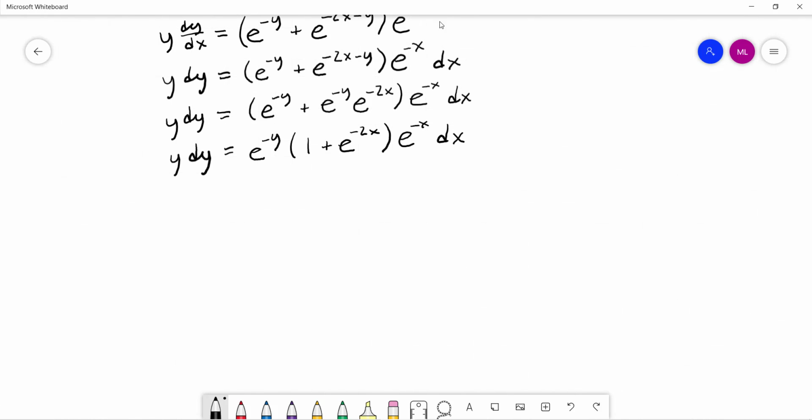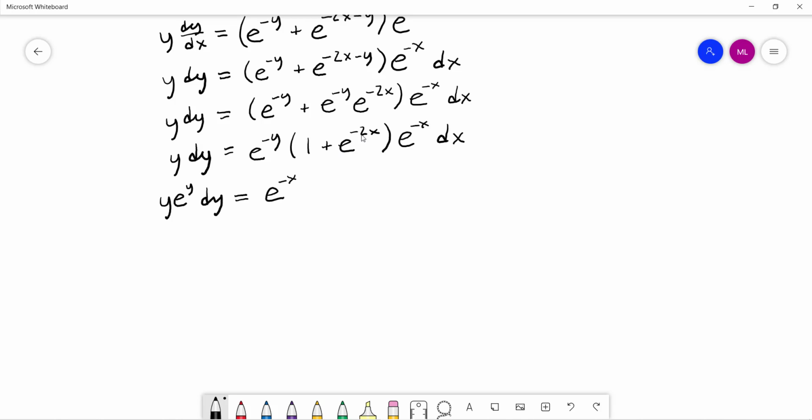And we're getting really close. I'm going to multiply by e to the positive y to get rid of this y term. That's the last remaining y term on the right-hand side. So I'm going to have y e to the y dy is equal to, and now I'm just left with the 1 plus e to the negative 2x times e to the negative x. And if I distribute that through, let's knock that out as well. So I'll get an e to the negative x when I do this term times this term.